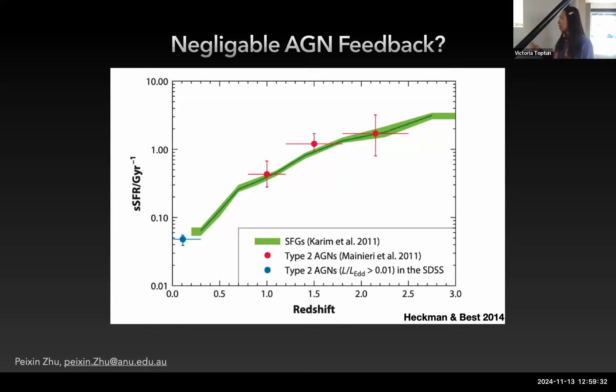There is a very famous AGN feedback question, and here is one example that researchers have studied: the relation between specific star formation rate on the y-axis and redshift on the x-axis, where specific star formation rate means the star formation rate divided by stellar mass.